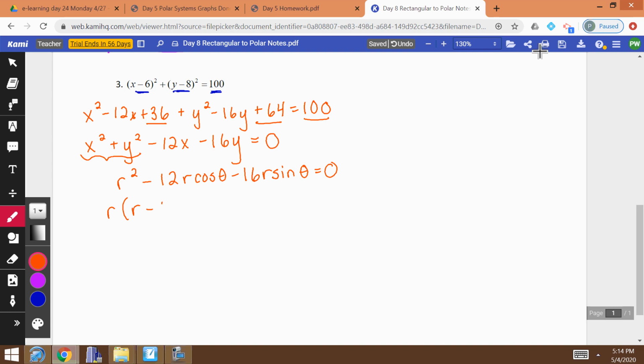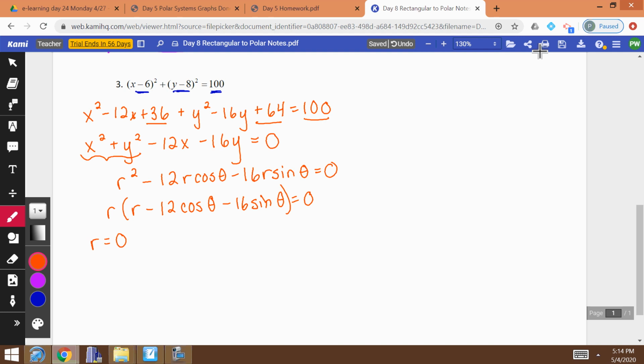So I'm going to take out the r first, and then think about solving it. If I take out that r, if you think about solving this by factoring, normally you'd get r equals 0 as one of our solutions. Think about this logically though. The equation r equals 0 would be just a point at the pole, right?